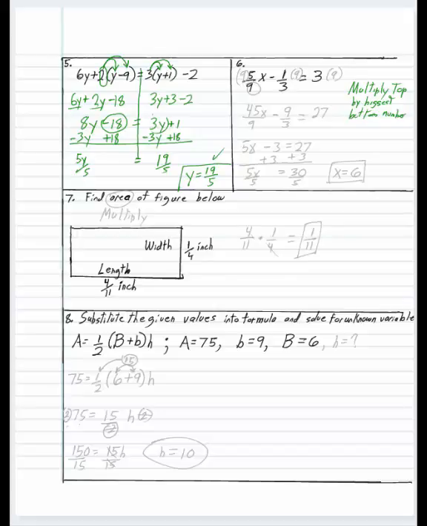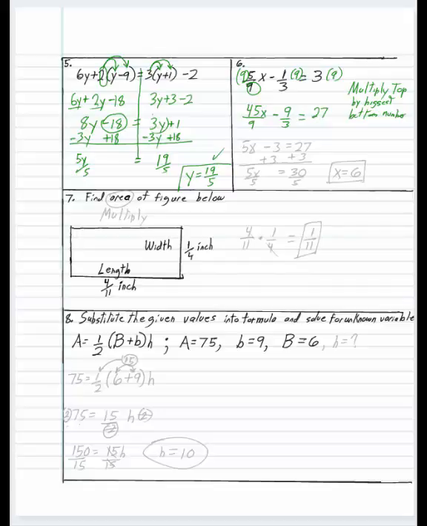In the bottom I see 9 and 3, so I'm just going to multiply by 9 because it's bigger. So I see 9 times 5, that's going to be 45x over 9. 1 times 9 is 9 over 3. And 3 times 9 is 27.